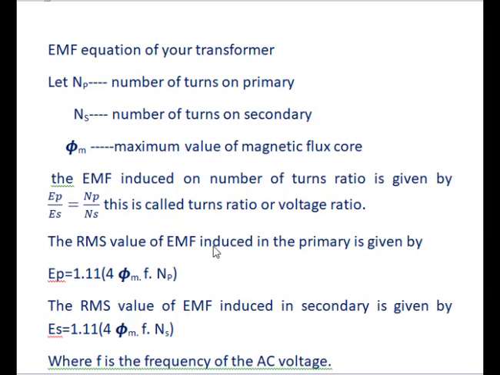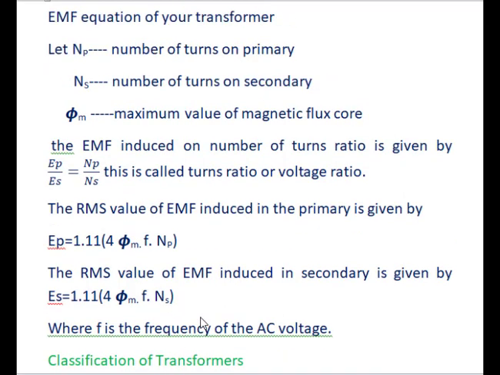The RMS value of the EMF induced in the primary is given by EMF at the primary coil is equal to 1.11 phi m into f into NP, where f is the frequency of the input AC voltage. It is nearly 50 Hz. The RMS value of the EMF induced in the secondary coil is given by EMF at the secondary is equal to 1.11 phi m into f into the number of turns in the secondary coil.